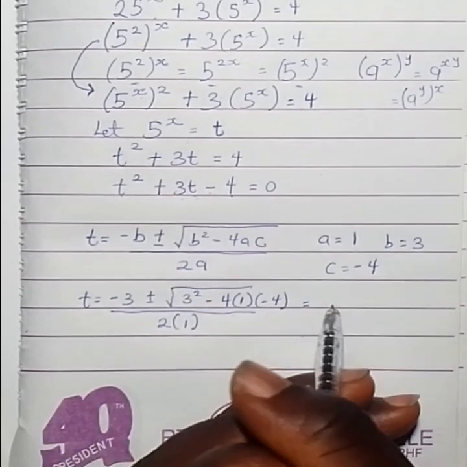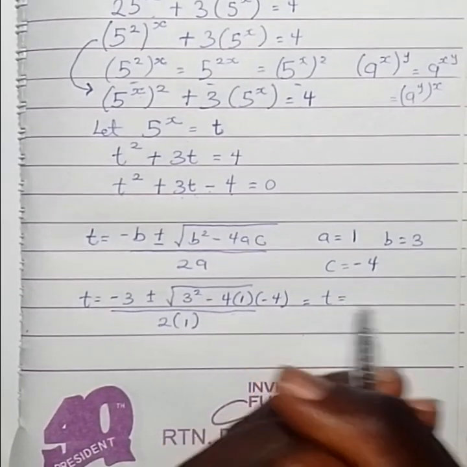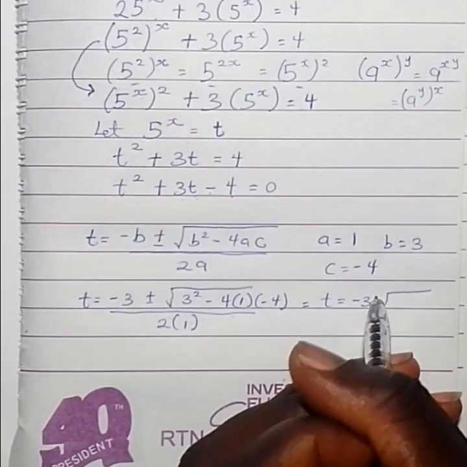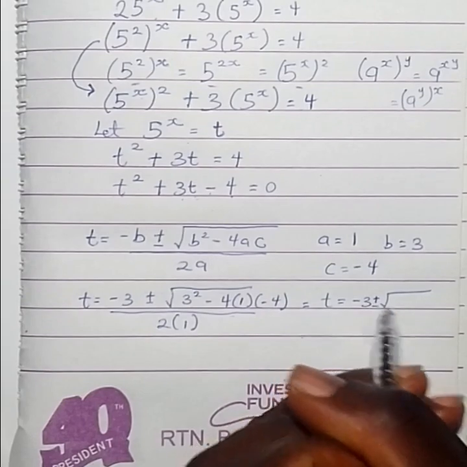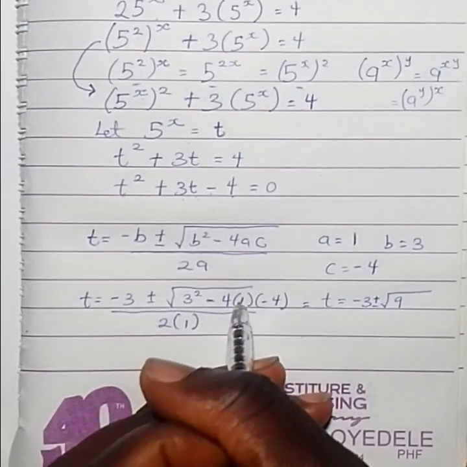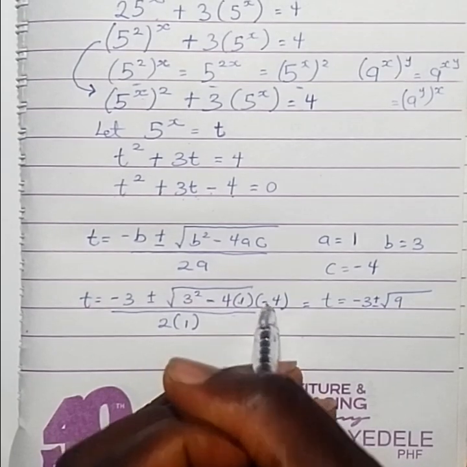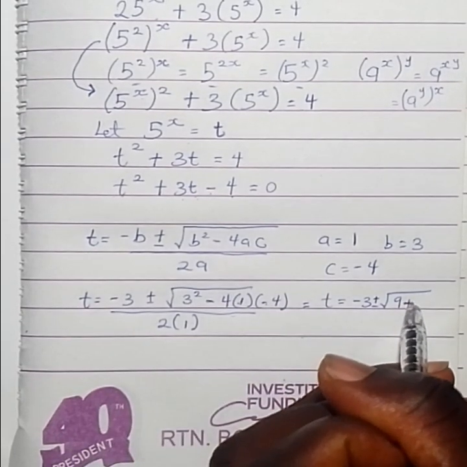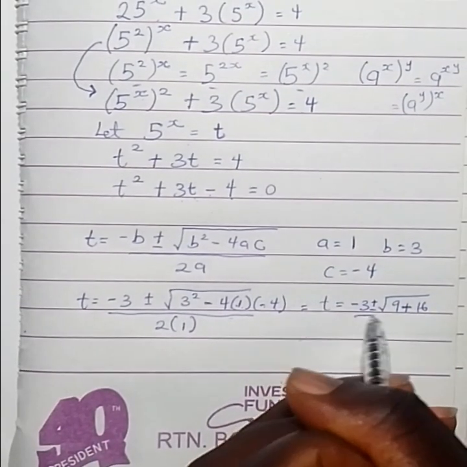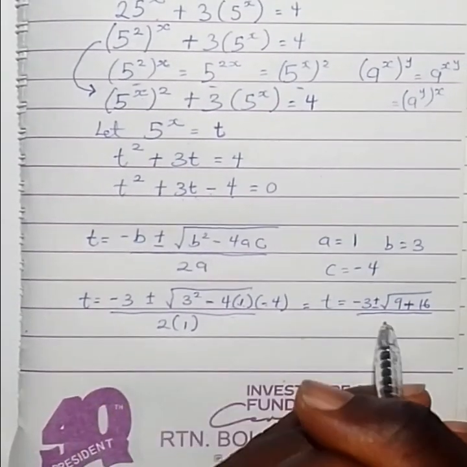So that will lead to t equals minus 3 plus or minus square root of 3 square is 9, minus times minus is plus, so we have plus here, then 4 times 1 is 4, 4 times 4 is 16, over 2 times 1, which is 2.